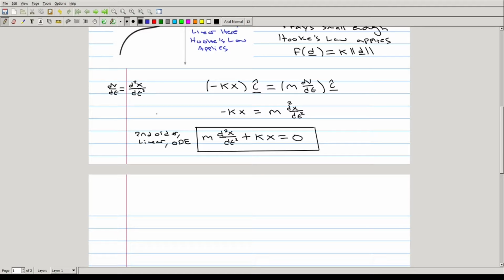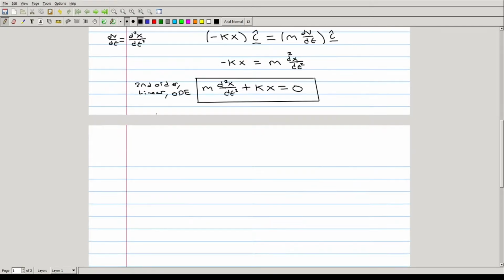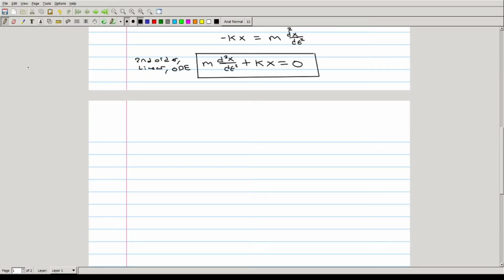This is probably one of the first second order ODEs that you went through and learned how to solve. And in terms of what we talked about in the last lecture, I want to emphasize that this single second order linear ordinary differential equation is equivalent to the following autonomous system of differential equations.